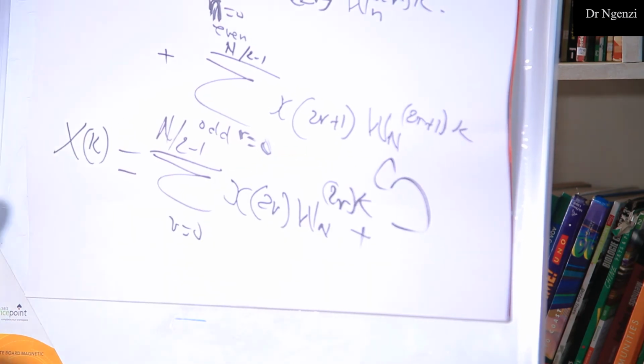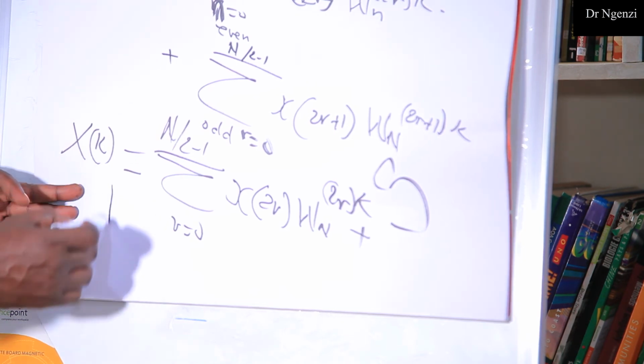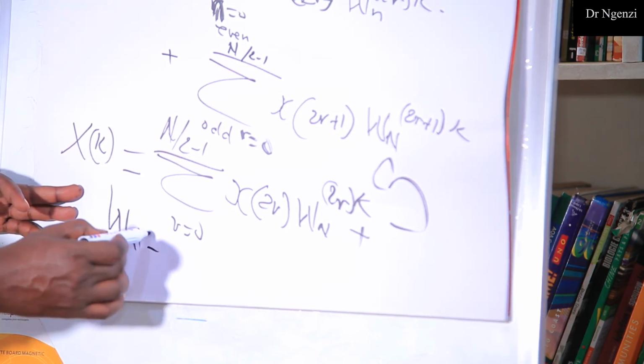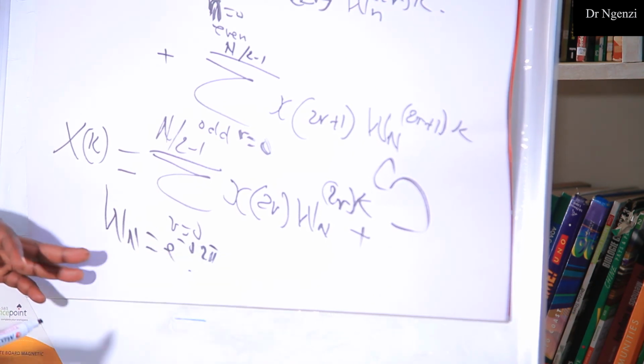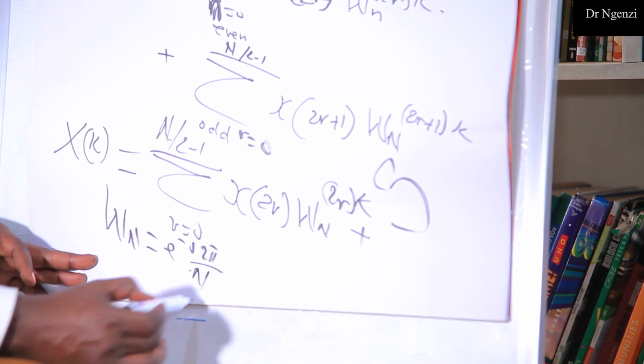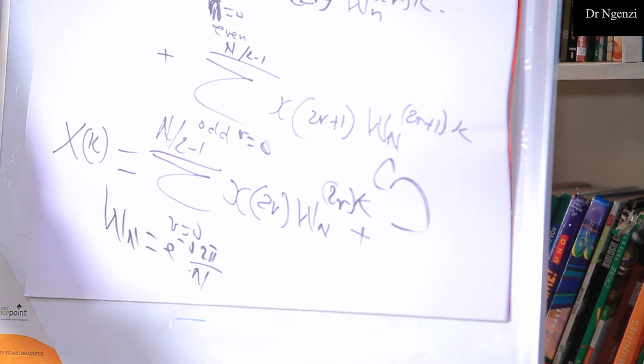Remember W_N here is equal to e to the power minus j 2 pi over N. So it is nothing new there. It is what we have been using.